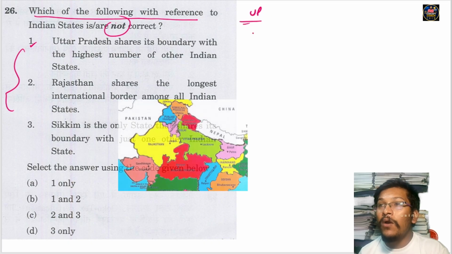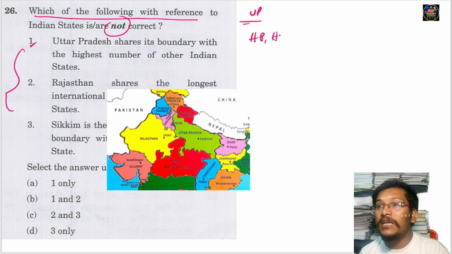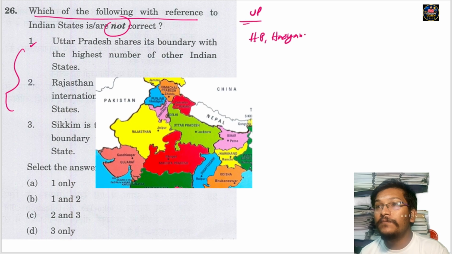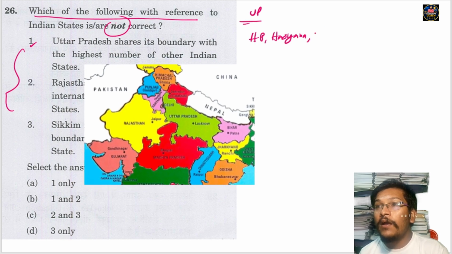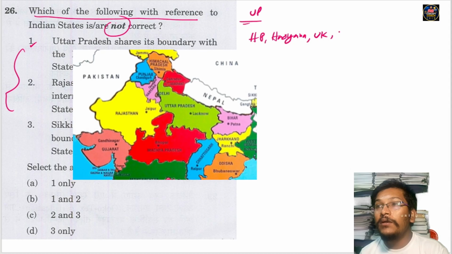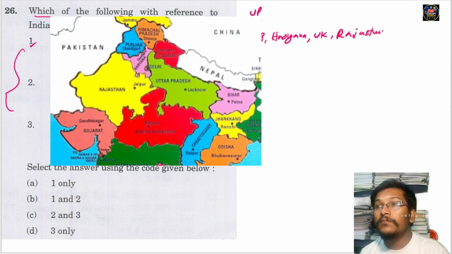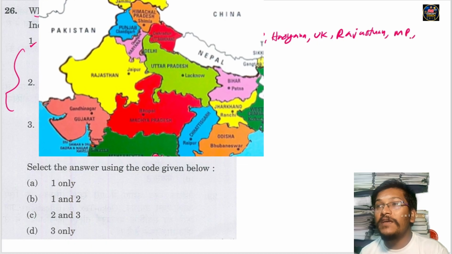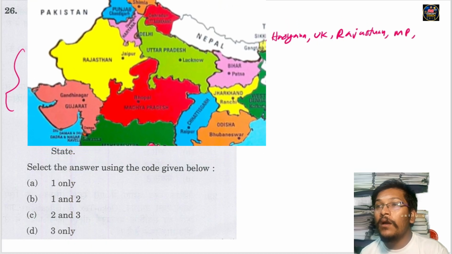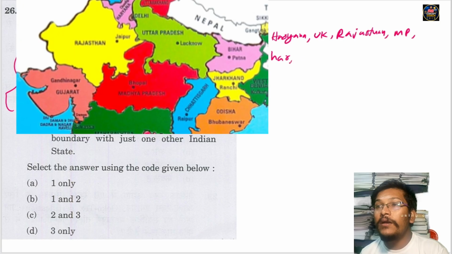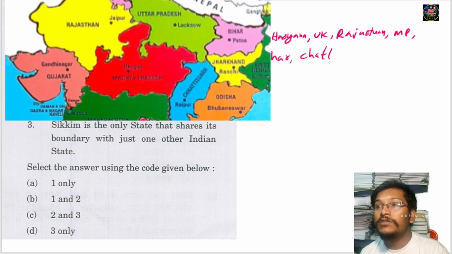Those states are: one, Himachal Pradesh; second, Haryana; third, Uttarakhand; next, Rajasthan, Madhya Pradesh, Bihar, Chhattisgarh.